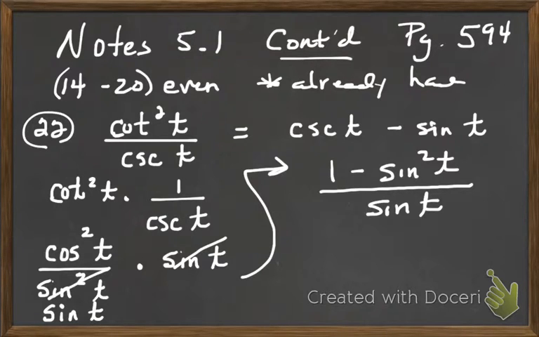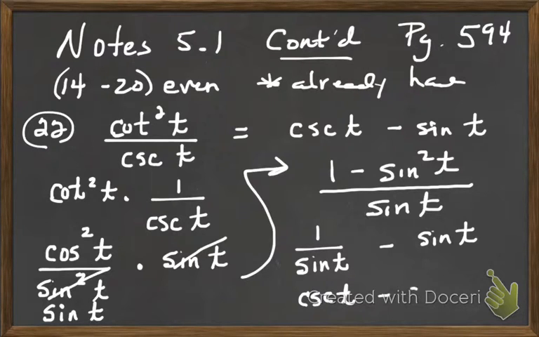But if we rewrite this by dividing everything by sine, we have 1 over sine minus sine squared over sine, which is just sine, because the sine in the bottom cancels with the sine squared in the top. So what you did is you took that fraction, you divided everything in the top by sine. So 1 divided by sine is 1 over sine. Sine squared divided by sine is just sine, and then you almost have it. Last thing that you do is turn 1 over sine into cosecant. And then you've made the left-hand side turn into the right-hand side.